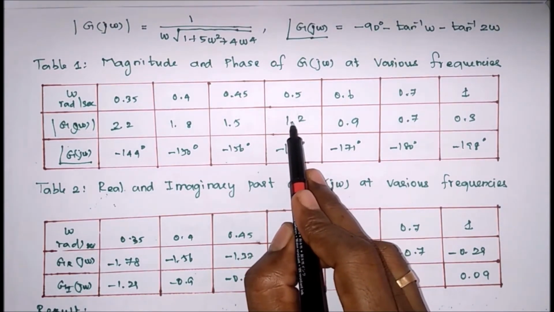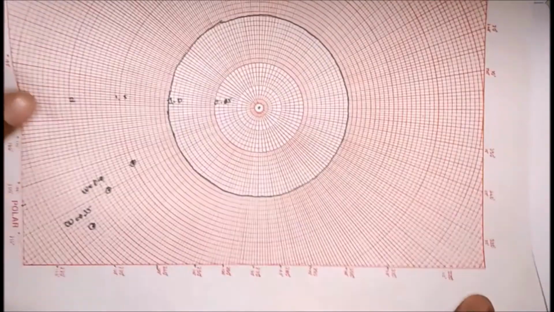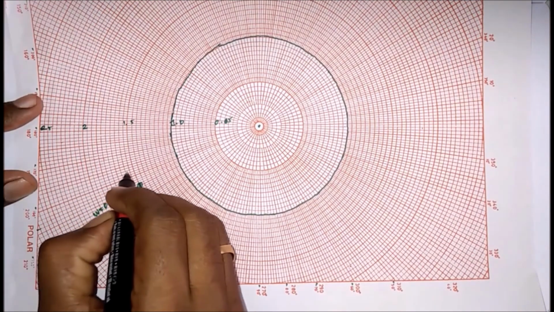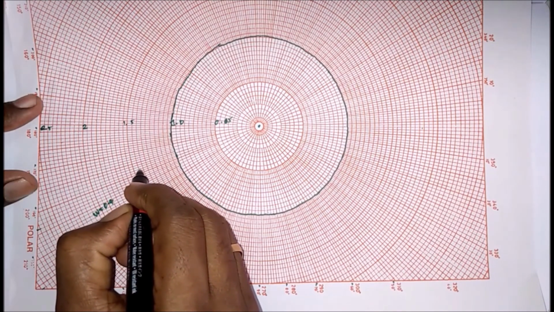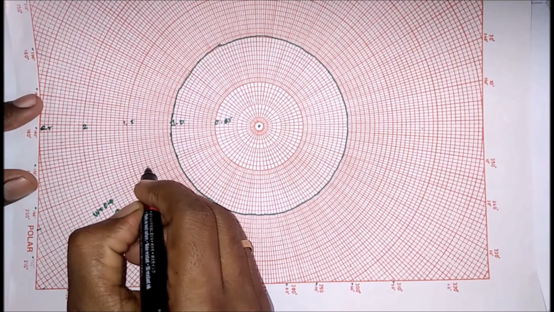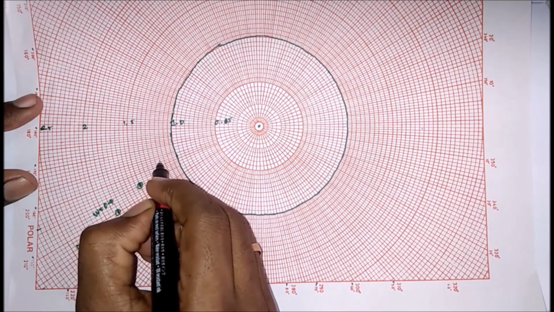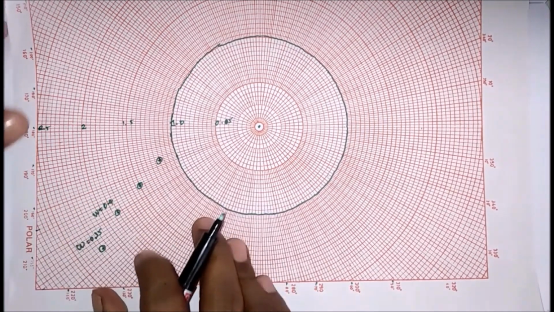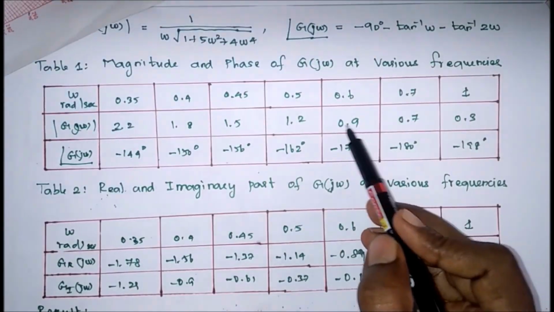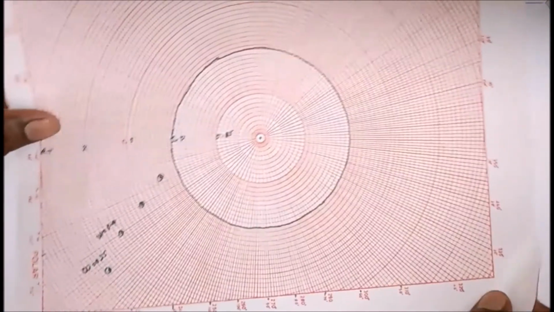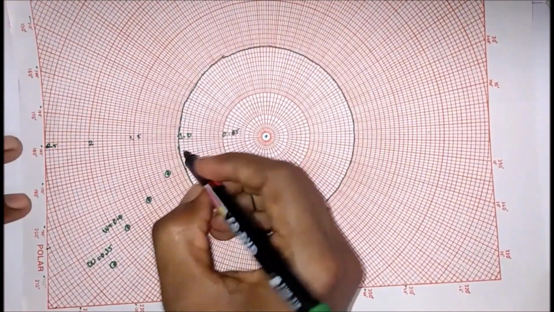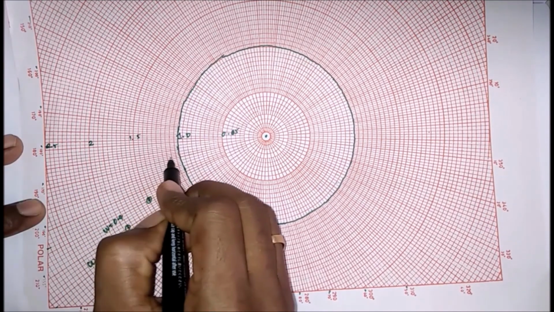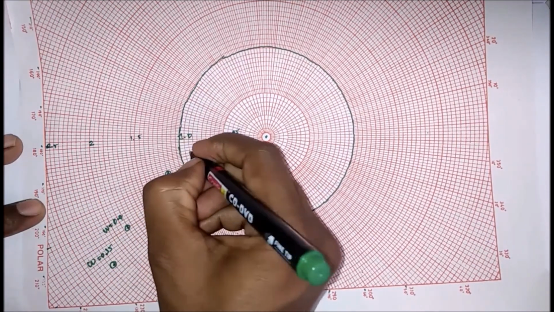Next, for 0.5, magnitude equal to 1.2, angle equal to minus 162. This is 160, this is 162, and this is the 1.2. Next, 0.9 and minus 171: this is the 170, then 171, and this is 0.9.